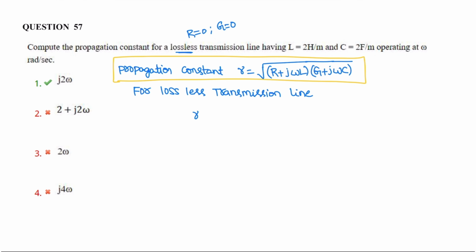So gamma is square root of (j omega L)(j omega C). L is given as 2 henry per meter, and C is 2 farads per meter. So its value is square root of j square omega square into 4, that is 2j omega. Correct option is 1.